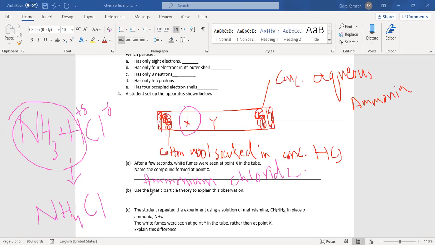Next question is, use the kinetic particle theory to explain this observation. So, according to kinetic particle theory, hydrogen chloride, as we know, having relative atomic mass 36.5.